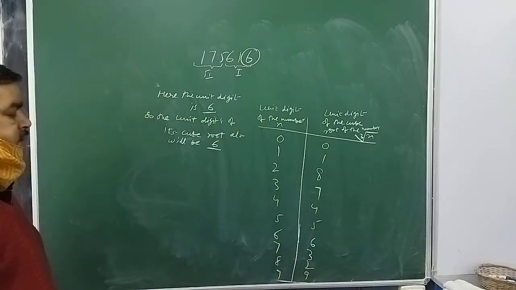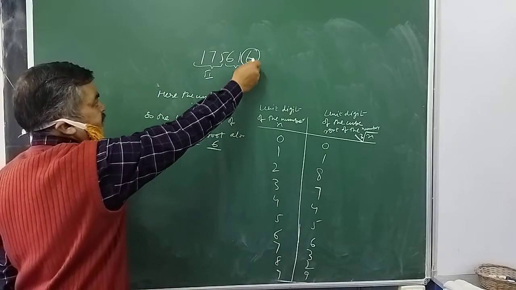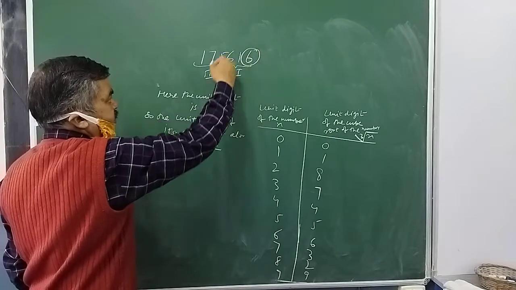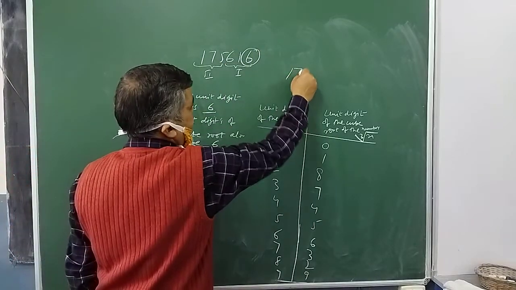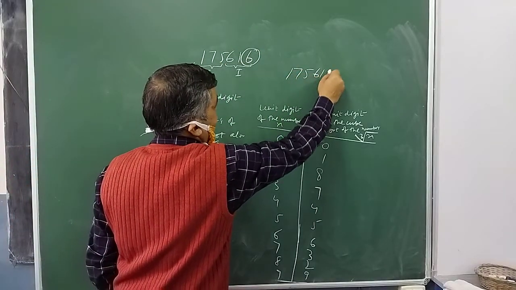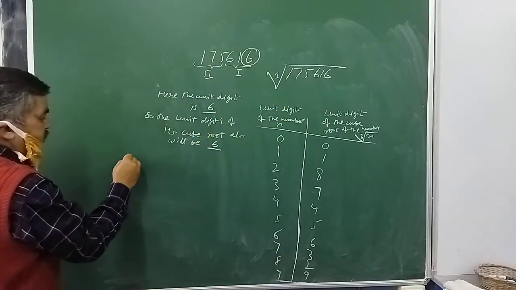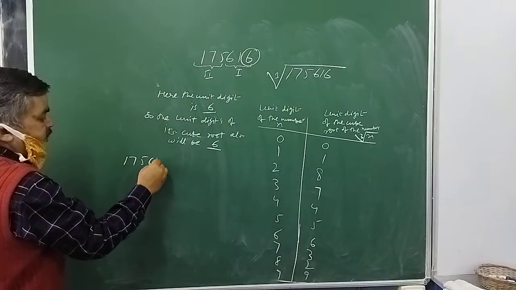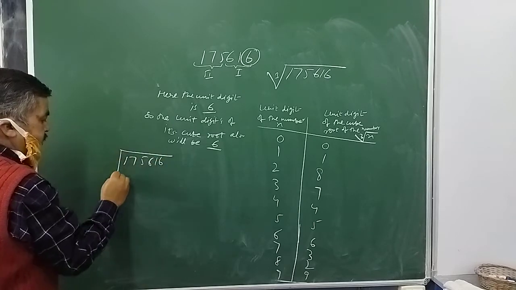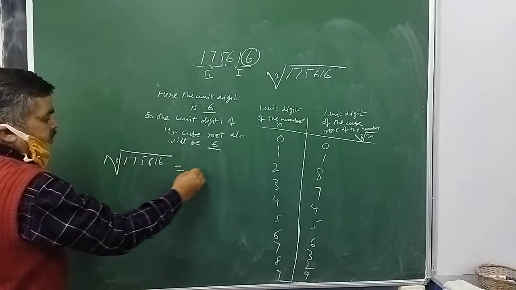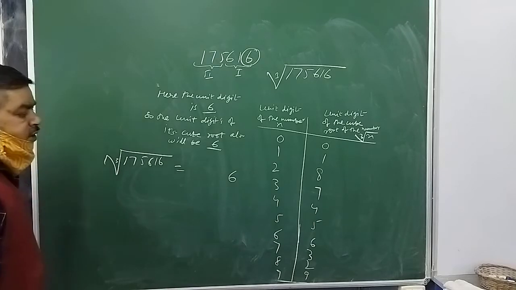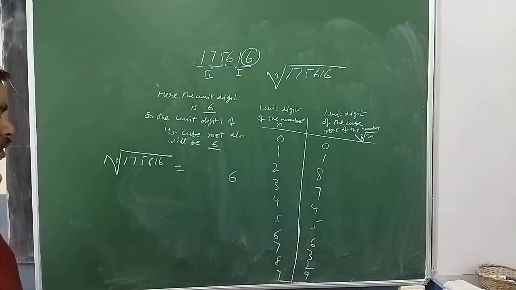It means when I find the cube root of this number, 175616, the unit place digit will be equal to 6.